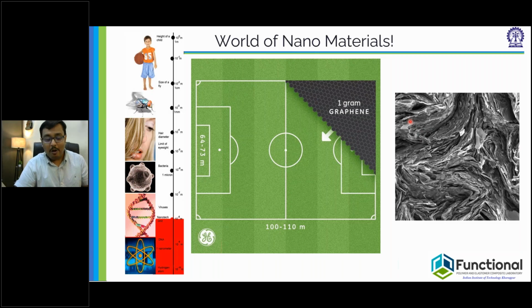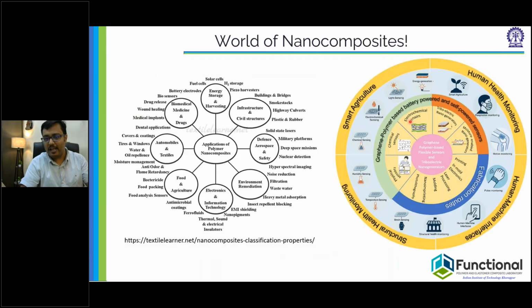Okay. Now, what exactly is a nanocomposite then? This was a very brief background about the nanomaterials which are commonly encountered in our day-to-day life. Now, when should I say a material is a nanocomposite, or rather rubber nanocomposites or polymer nanocomposites? Basically, if we put this nanomaterial into the polymer material or the rubber that we take, it becomes a nanocomposite.